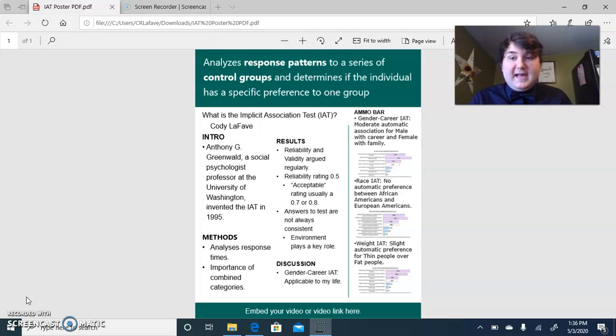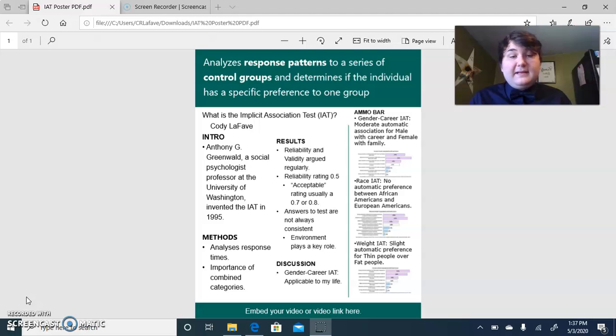Now, these two steps and the response time that it takes to answer is what they take into effect in order to determine an individual's preference.